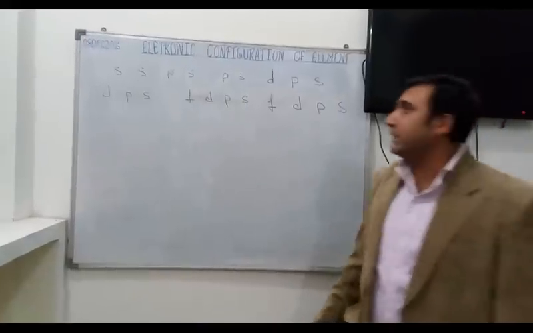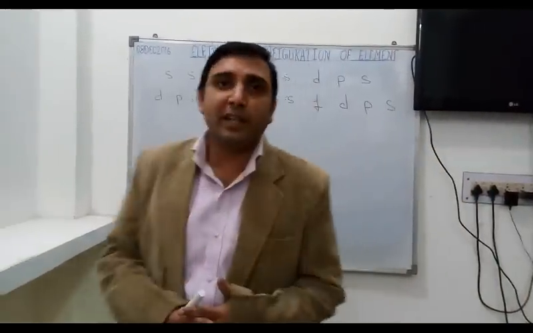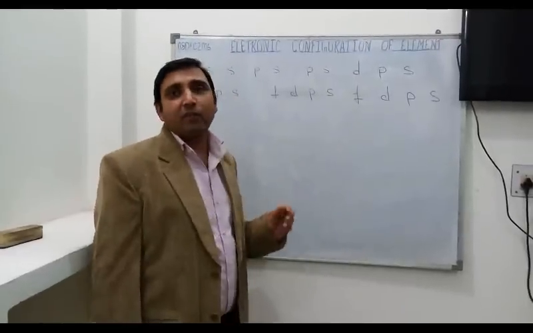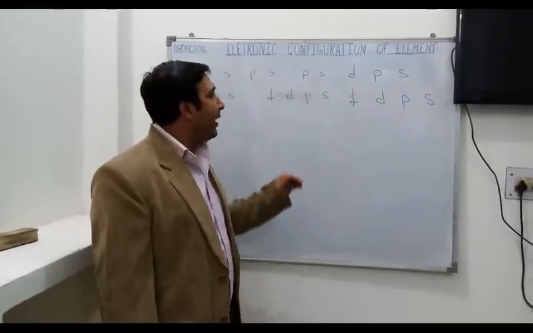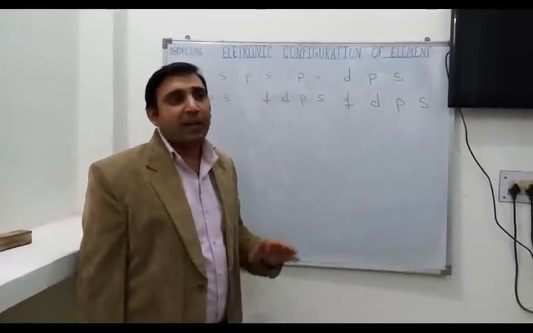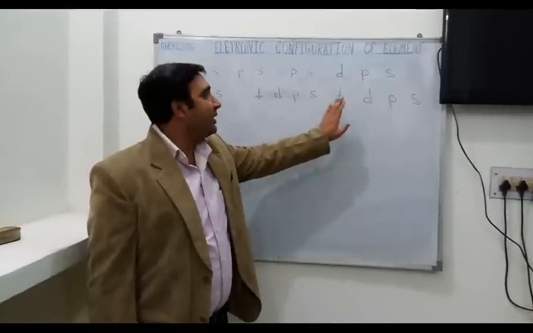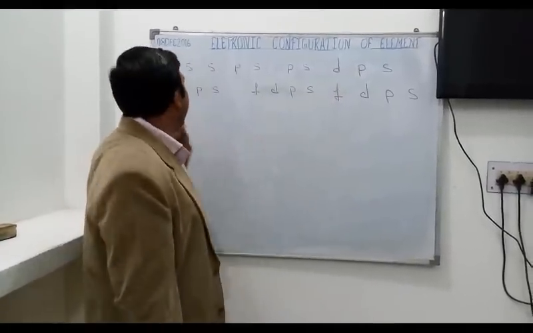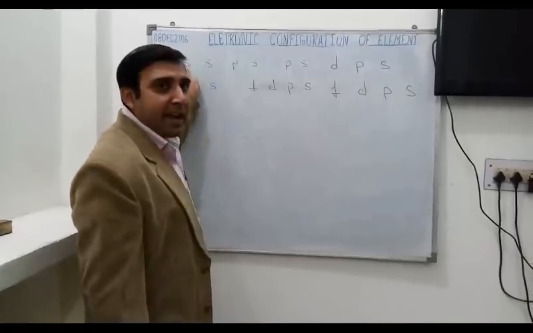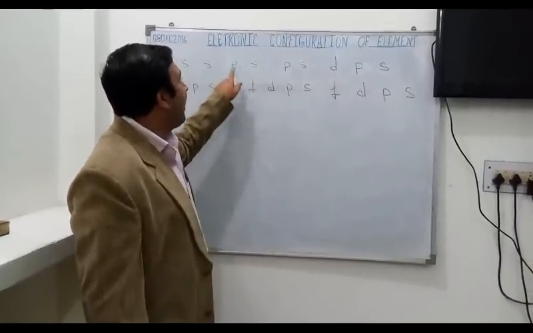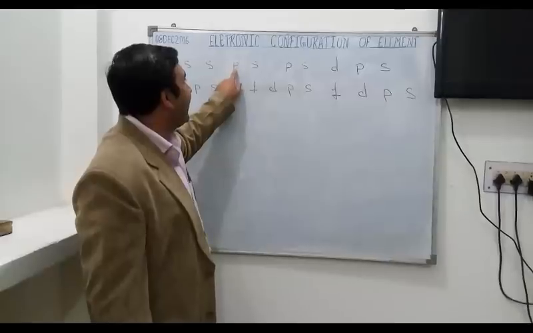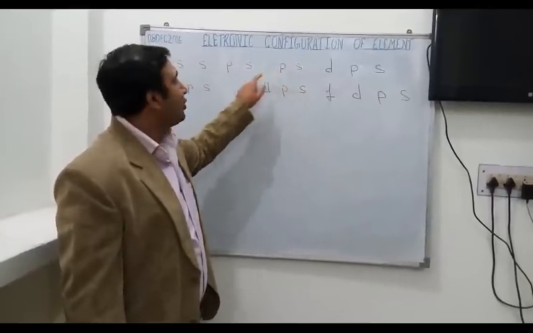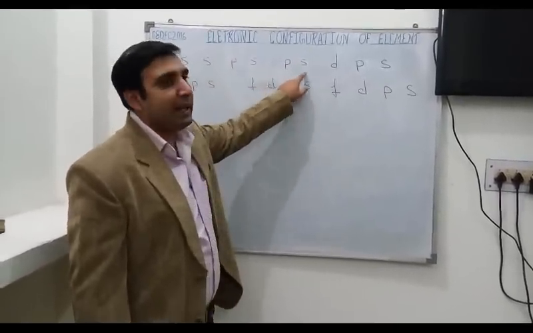We know that the first orbital, which is of lowest energy, is S, and after that comes P, and after P comes D, and after D we have F. So we are writing two times S, and after S, I have written P. Here also, after S, we have P. So two times we have written PS.